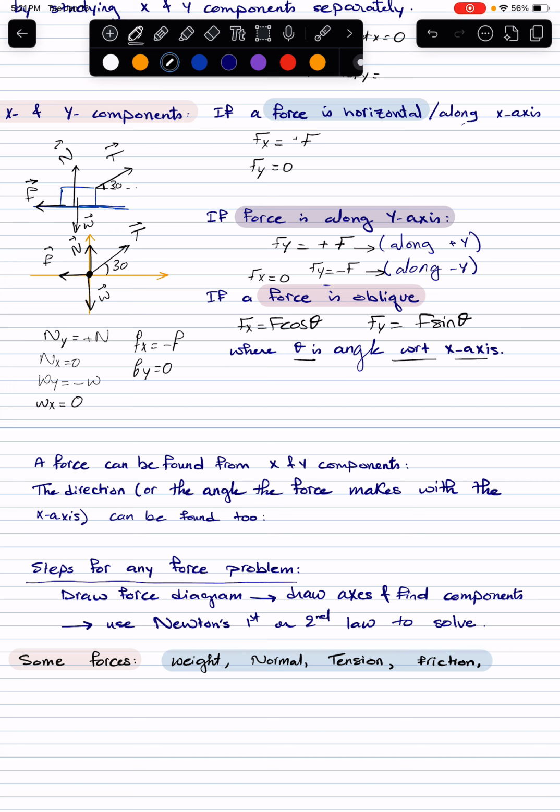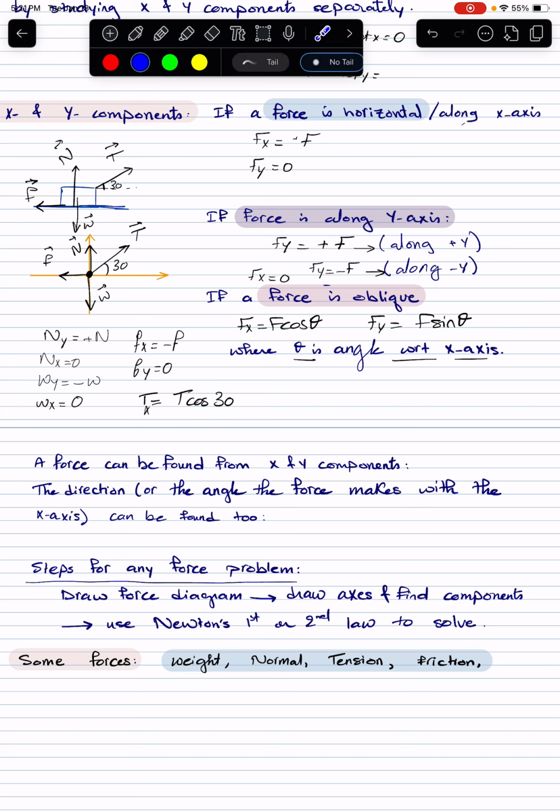In our case, the tension makes an angle of 30 with respect to the x-axis. So I'll write the x component of this tension to be T cosine theta. So Tx is T cosine 30.